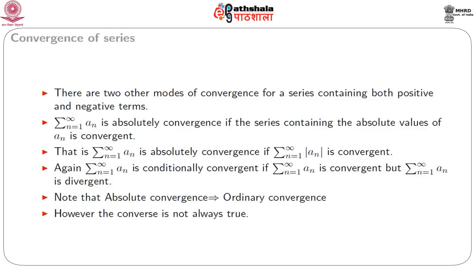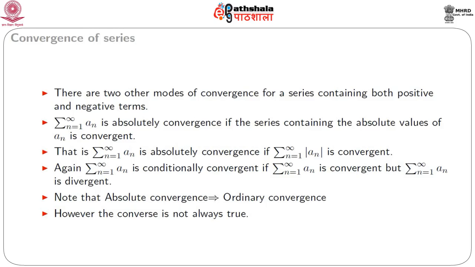Now, there are two modes of convergence for a series containing both positive and negative terms. Summation An is absolutely convergent if the series containing the absolute values of An is convergent. That is, summation n from 1 to infinity of An is absolutely convergent if summation n from 1 to infinity of modulus of An is convergent.